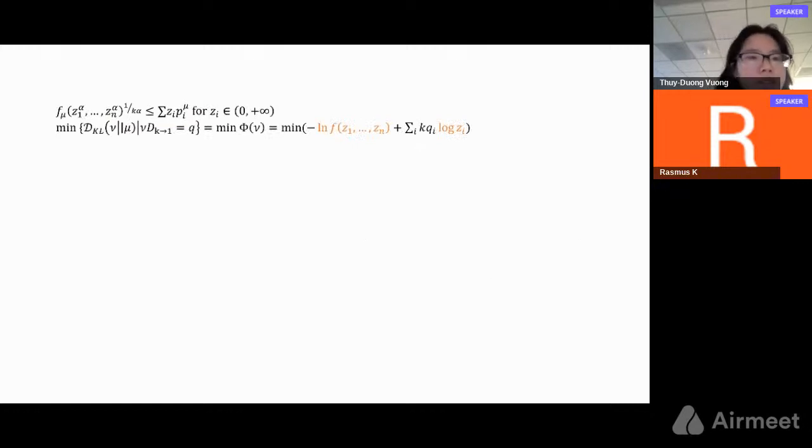So now we can rewrite this minimizing problem as minimizing over f plus log of f plus some other term.